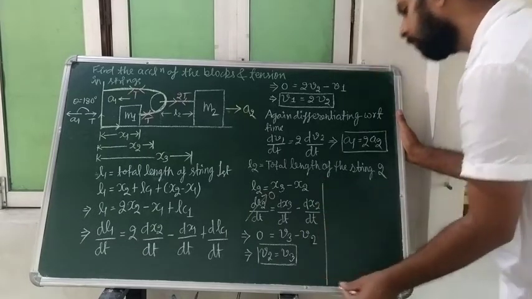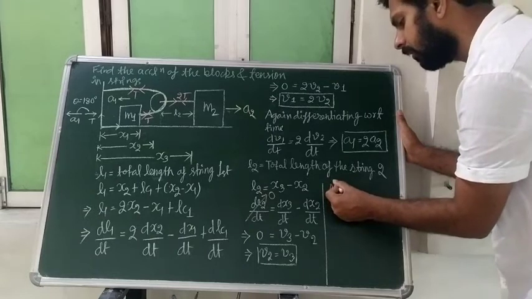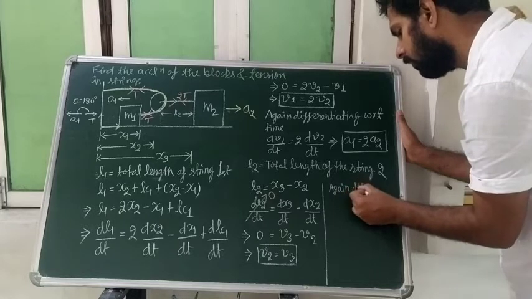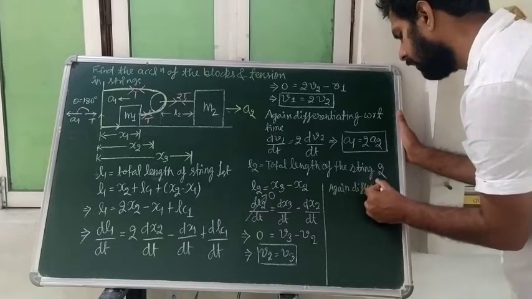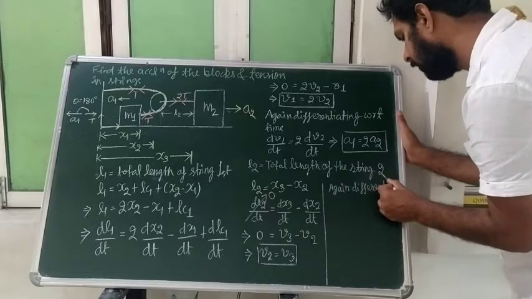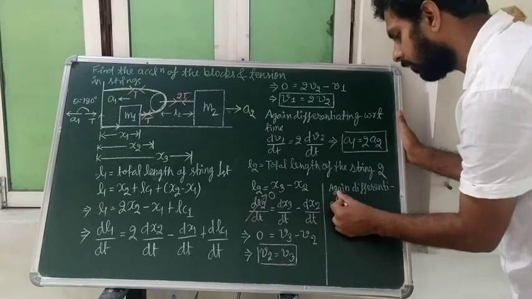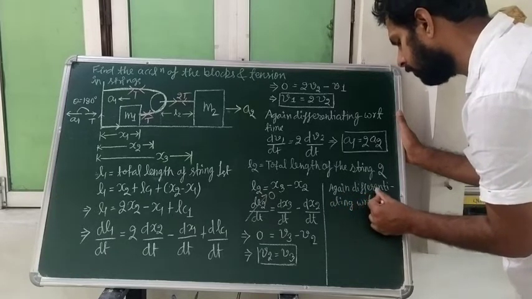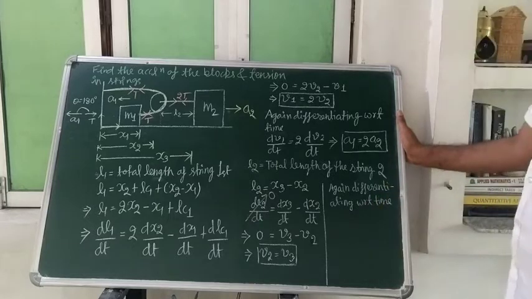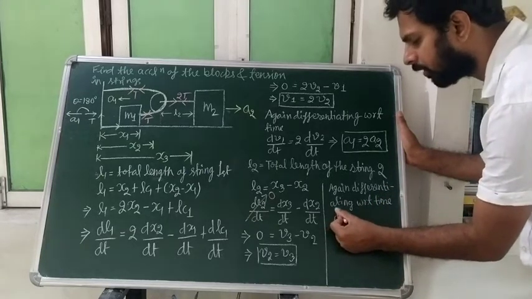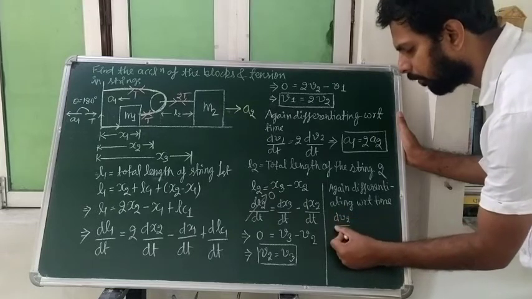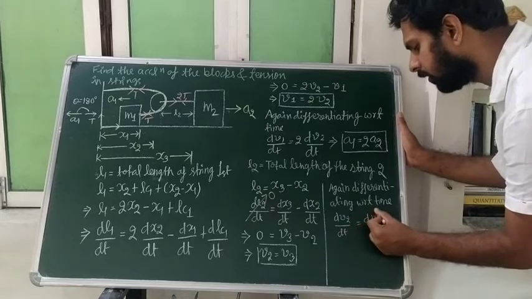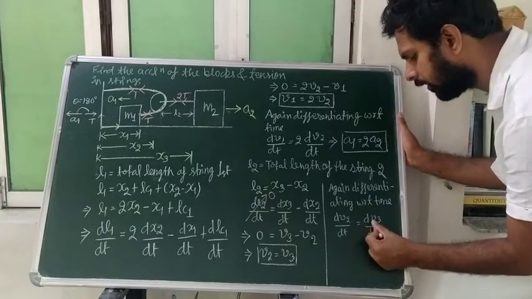Next, what can you do? Again differentiating with respect to time, what will you get? dV2 upon dt will be equal to dV3 upon dt.